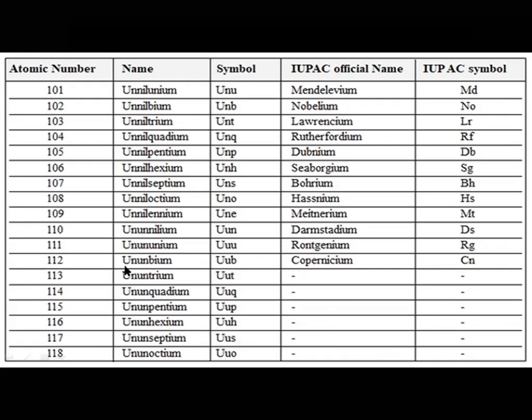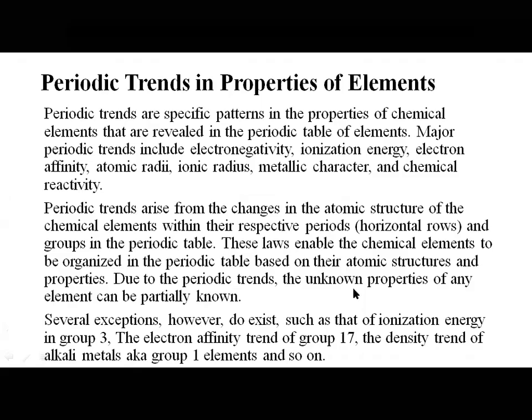Therefore, they are placed as it is. So it is trium, quadium, pentium, hexium, septium, octium. So this is about the IUPAC systematic nomenclature before the official name is being given.